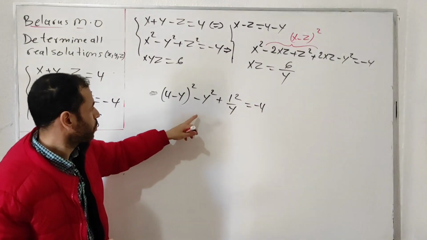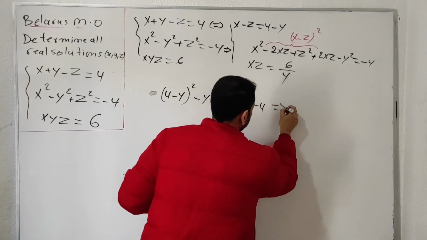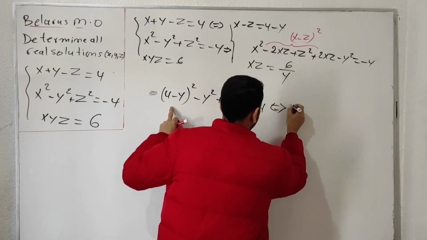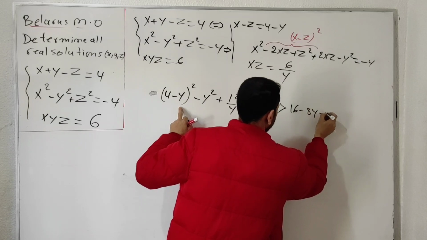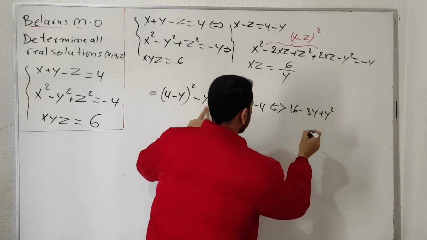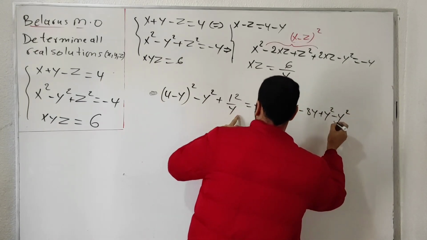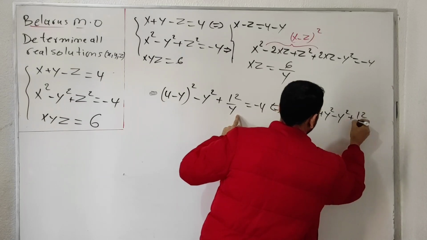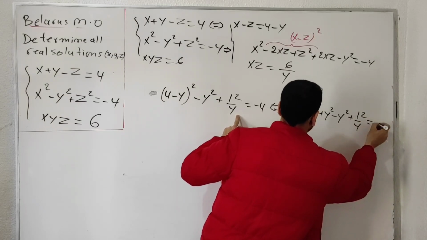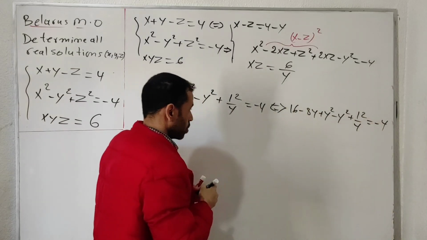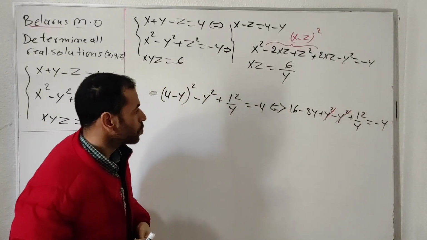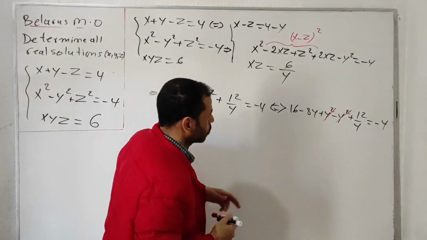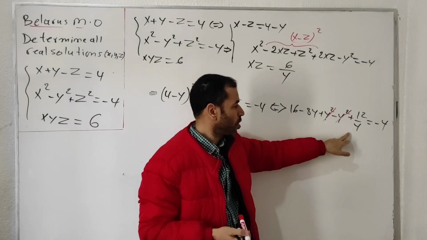Then I'm going to simplify this equation. I will have 16 minus 8y plus y squared minus y squared plus 12 over y equals minus 4. So y squared is cancelled out with minus y squared. Then I'm going to put y as a common denominator.